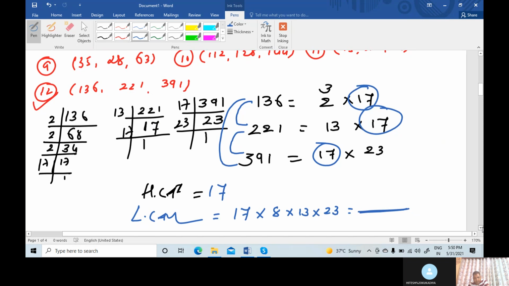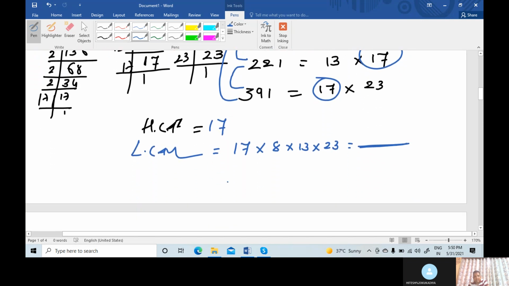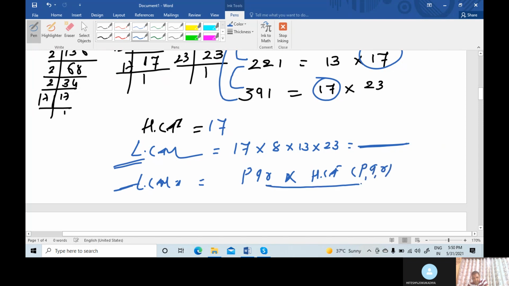Or you can also apply the formula we wrote above. You can apply any one method. If you have any doubt about this method for LCM, you can verify it in rough work. LCM equals PQR multiplied by HCF of PQR upon HCF of PQ, HCF of QR, HCF of PR.